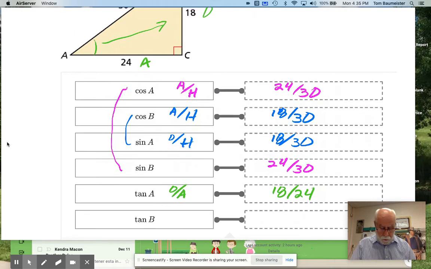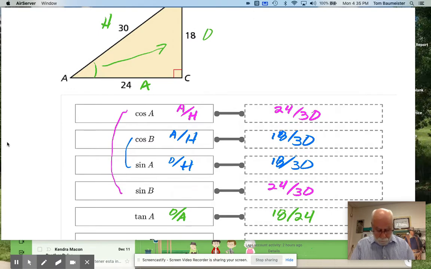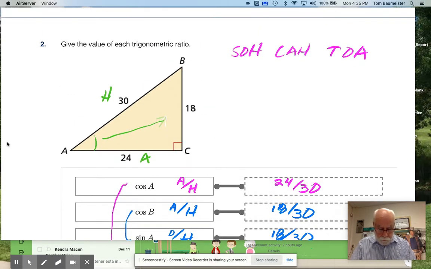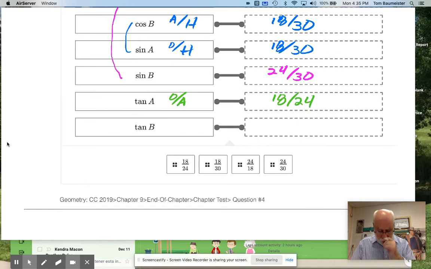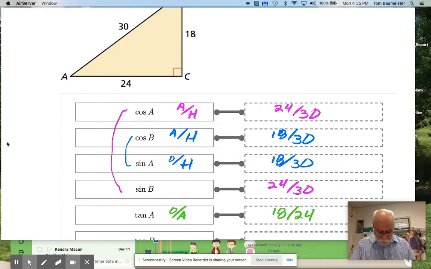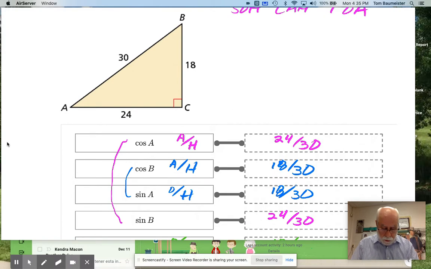And then our other one, our tangent of B, is going to be, let's get another color. Let's go orange this time. So our B is here.